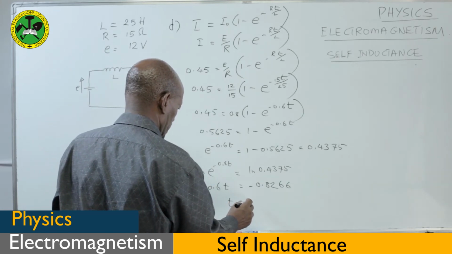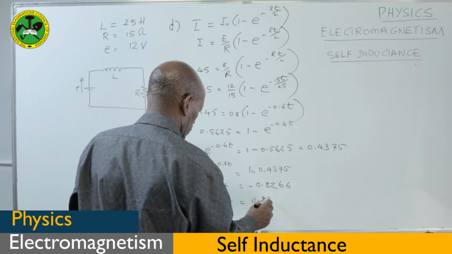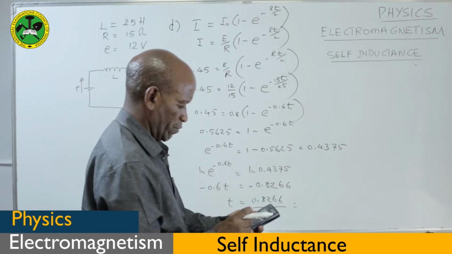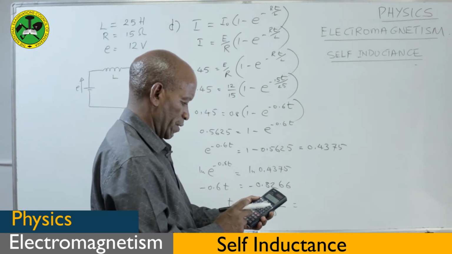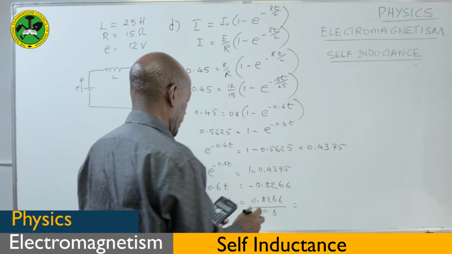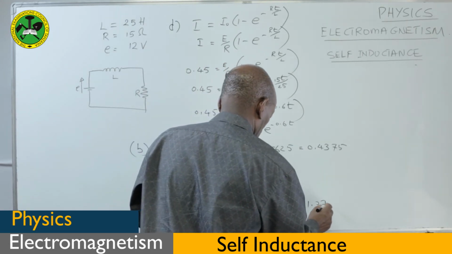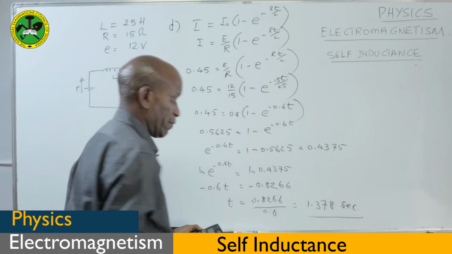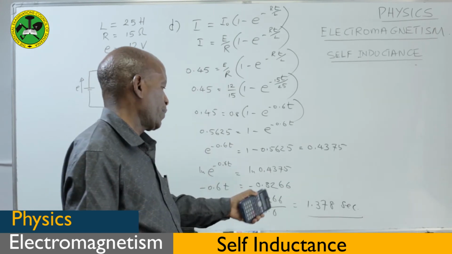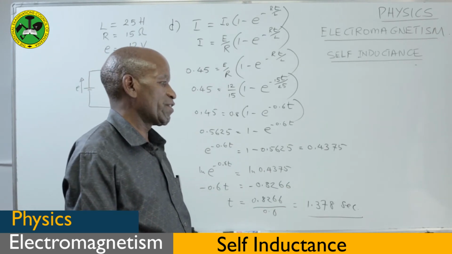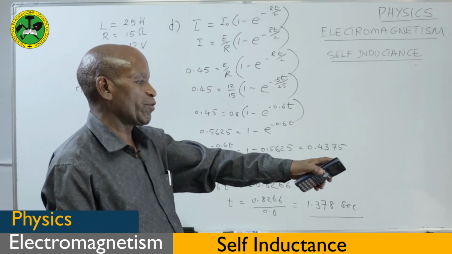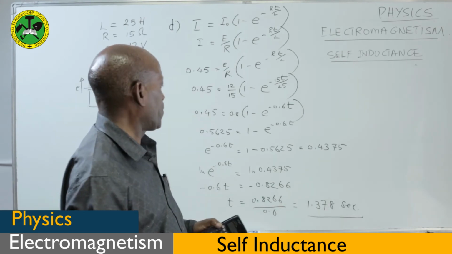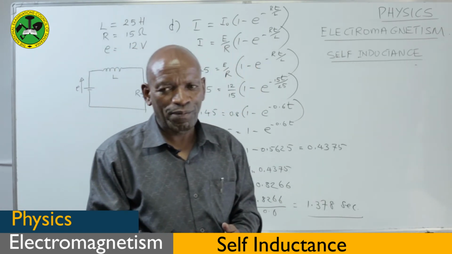So the value for t will be equal to 0.8266 divided by 0.6, which is 1.377 seconds. So it will take about 1.378 seconds for the current to grow to 0.45 ampere. This is for part D.